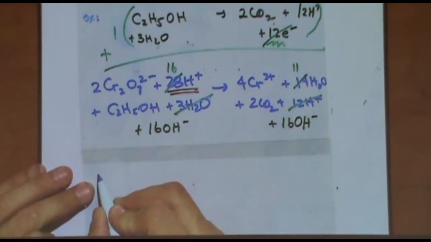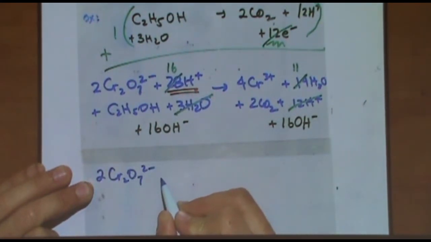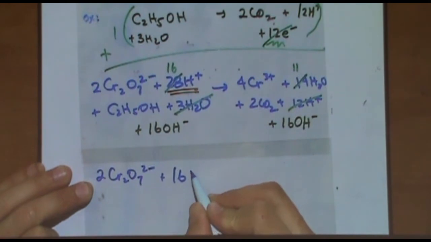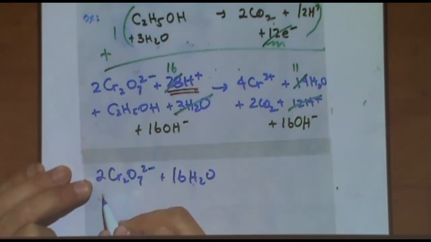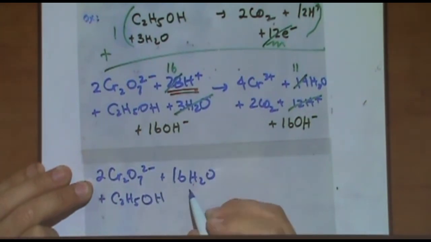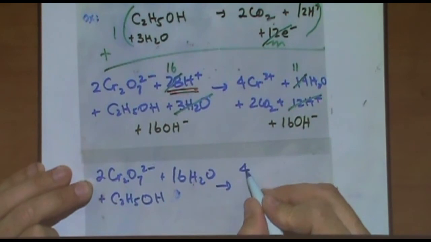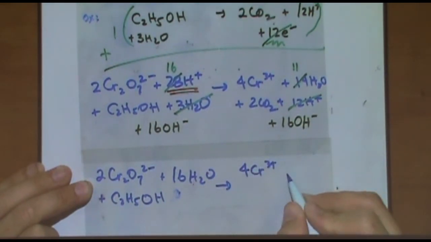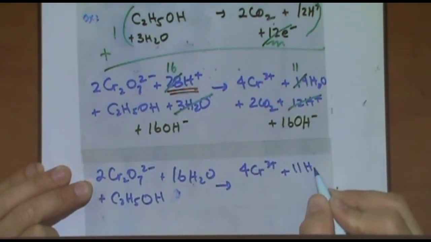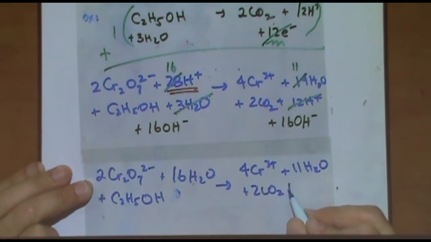So, 2 Cr2O7 2 minus, plus 16 H2O, plus ethanol. I think that's everything there. Other side, 4 Cr3 plus, 11 waters, plus 2 CO2, plus 16 OH minus.